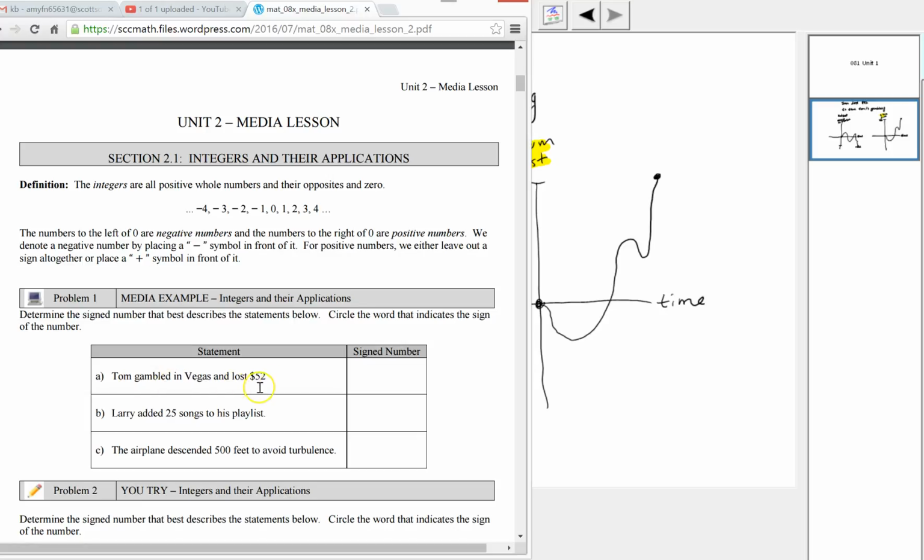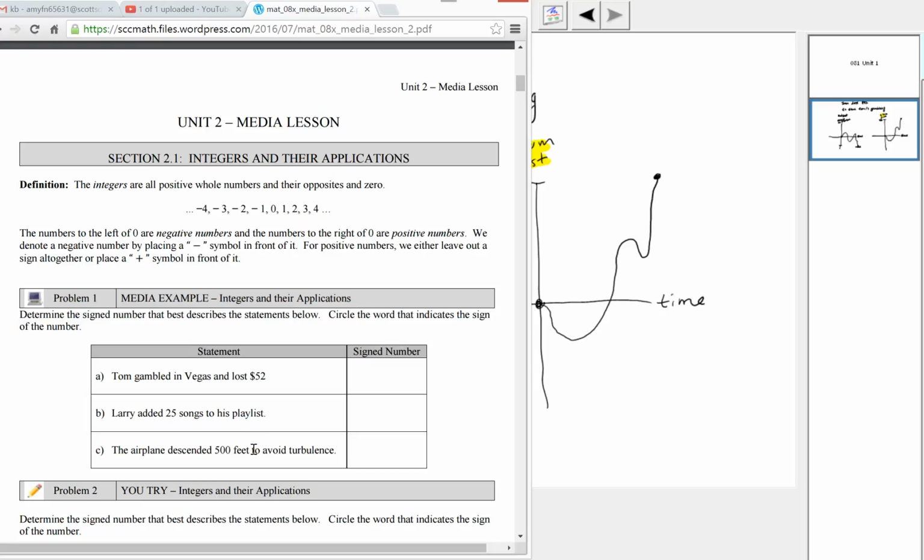Okay, so here just starting with some simple ideas, we're going to say he lost $52, that's negative 52. He added, so looking at added, that's 25 songs to his playlist, that would be plus 25 songs. If the airplane descended 500 feet, we're going to think of that as negative 500 feet. So we're just going to ask them to look at key words here.